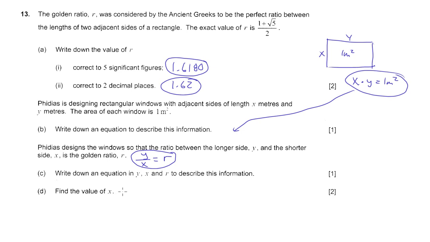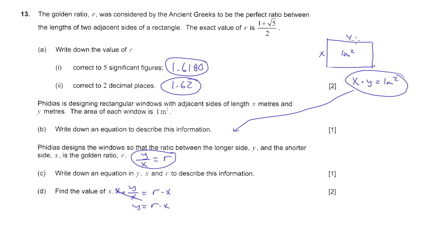Find the value of x. Okay. If we're looking to find the value of x, probably be a good idea to have things in terms of x. So let's do this. We have y over x equals r. Let's multiply both sides by x here. And we now know that y is the same thing as r times x.